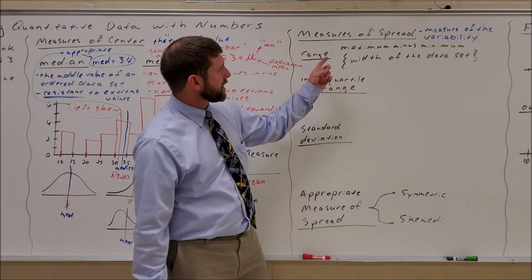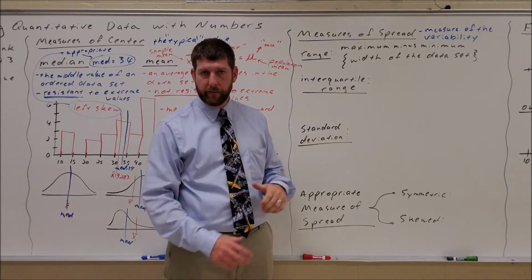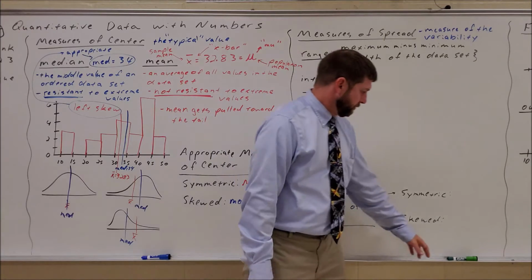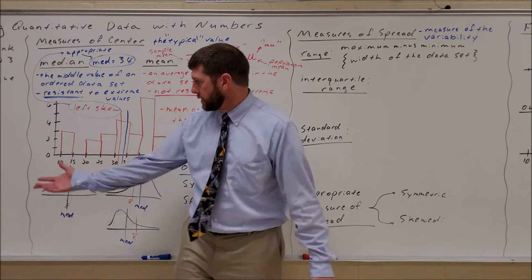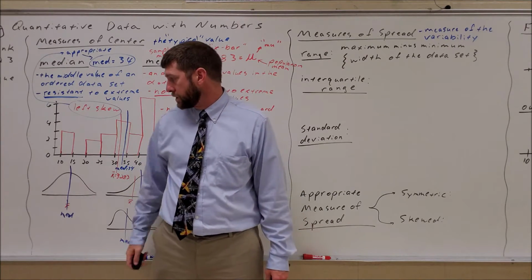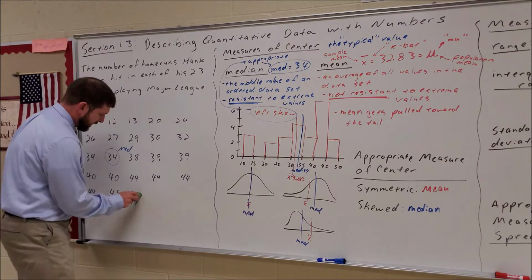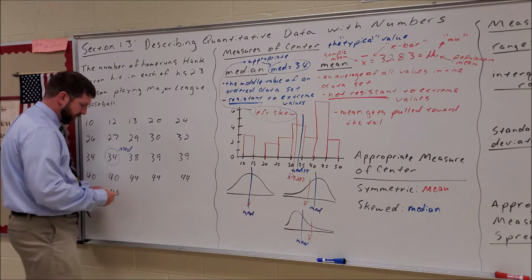Okay. So we talked about the big spread, things like range, maximum minus minimum, the width of that data set. If we did this for his number of home runs, let's fix that 74 and put it back at 47 home runs.